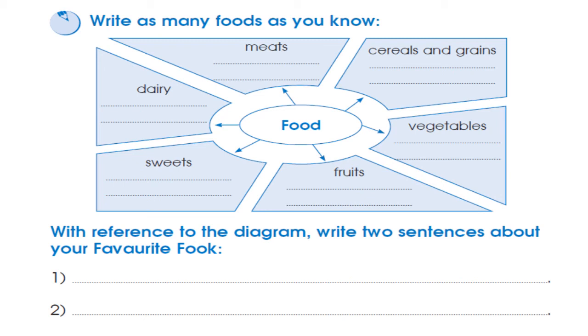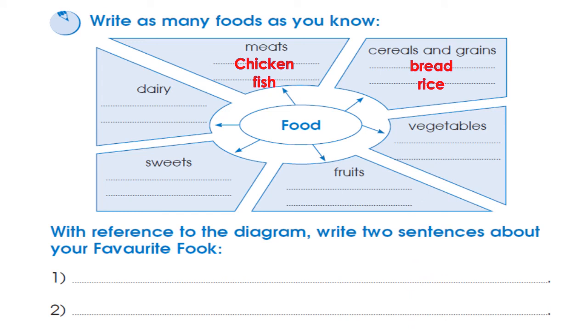Write as many foods as you know. We have many kinds of food right here: meats, cereals and grains, vegetables, fruits, sweets, dairy. We are going to write 2 kinds of each food right here. For example, meats like chicken and fish.